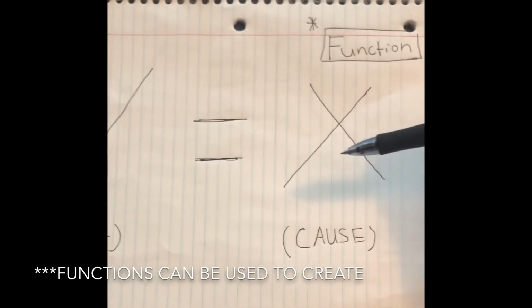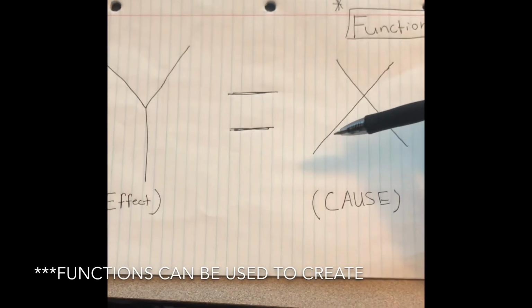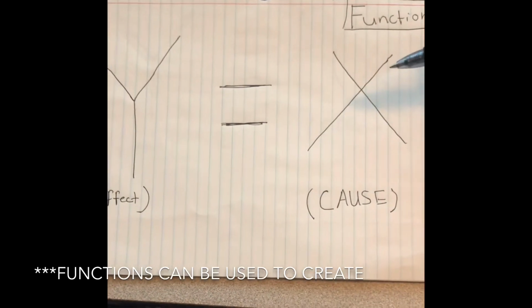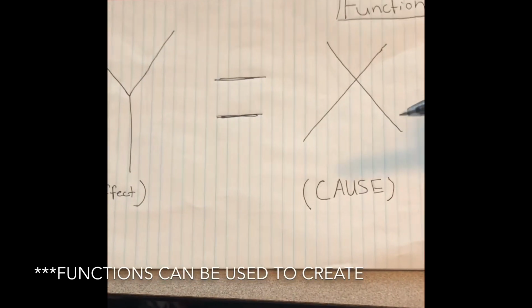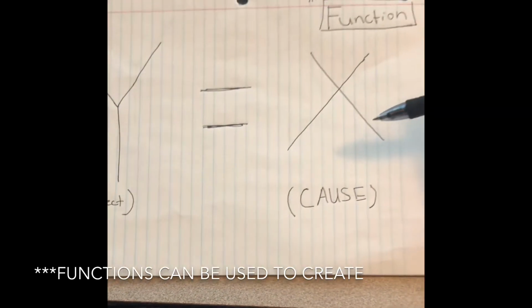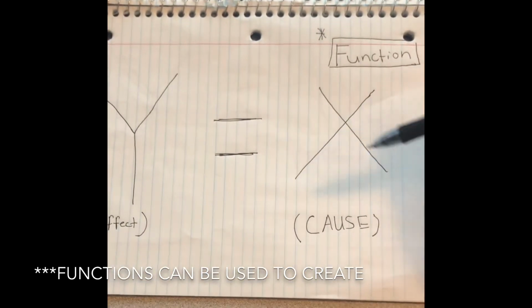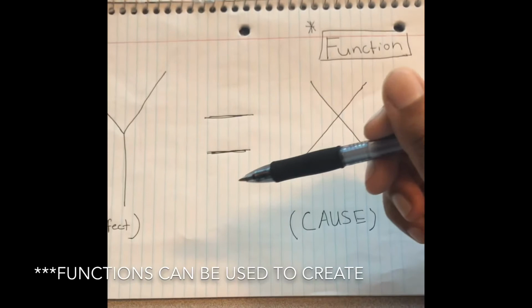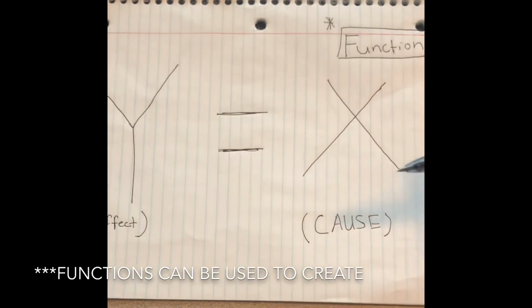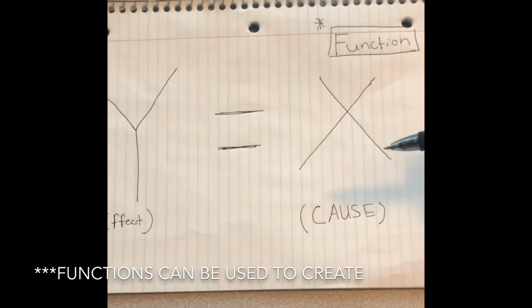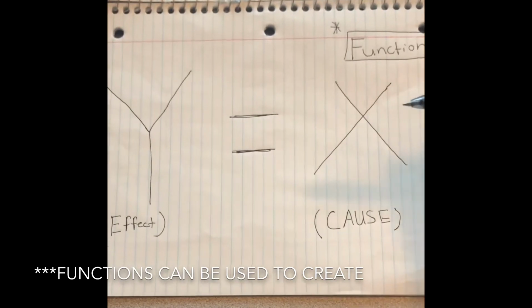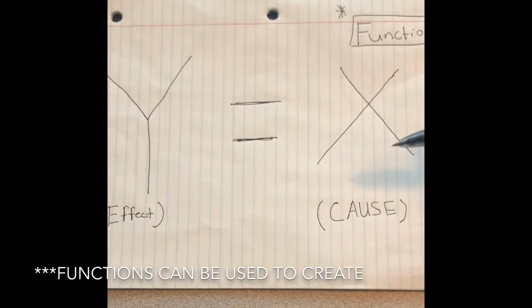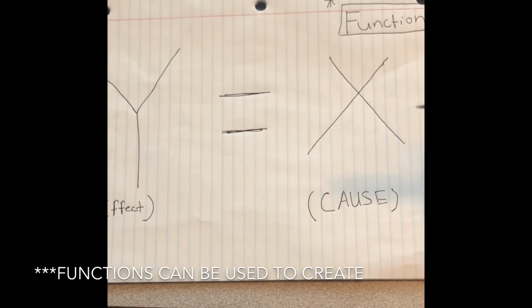Now, that doesn't really seem like a real cause and effect that happens, but it could. Even ones that are made up or imaginary. Let's say for every time I slam a door, a unicorn appears. Well, that's still imaginary, but that's the power of cause and effect. It can be used to create a relationship of a cause and effect.